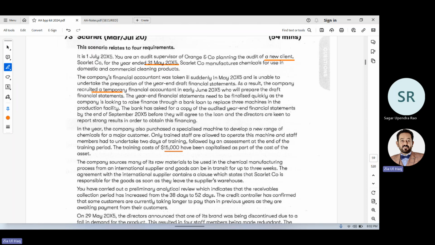If the company is capitalizing training cost, there are chances of overstatement, but we will not say it definitively, because we are at the planning stage. We will use the words "could be" or "chances". So chances that asset and profit could be overstated and expenses understated.